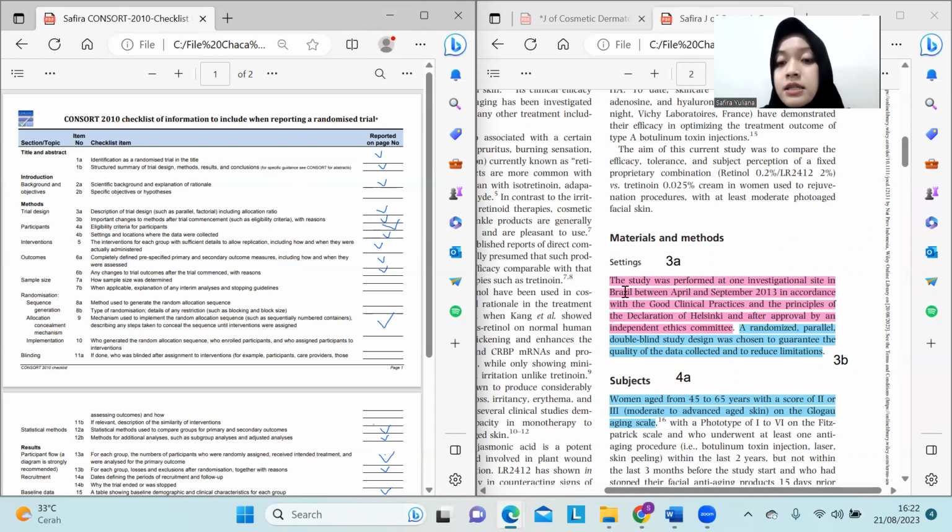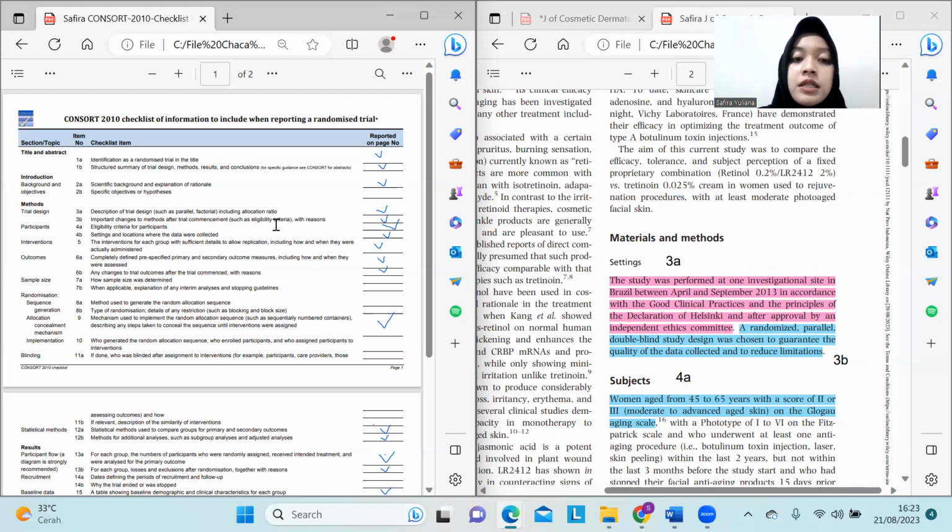And the setting is: the study was performed at one investigational site in Brazil between April and September 2013 in accordance with good clinical practice and the principles of the Declaration of Helsinki, and after approval by an independent ethics committee.